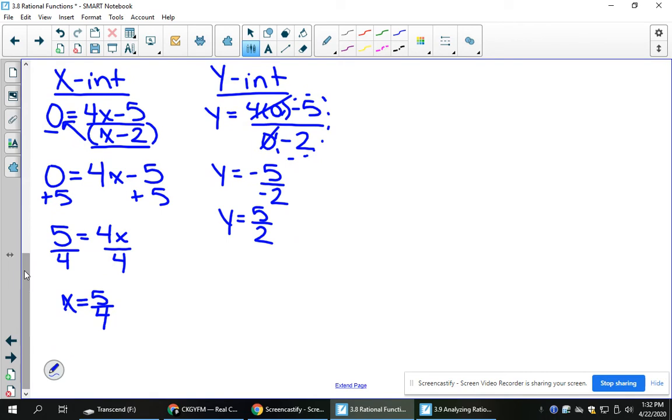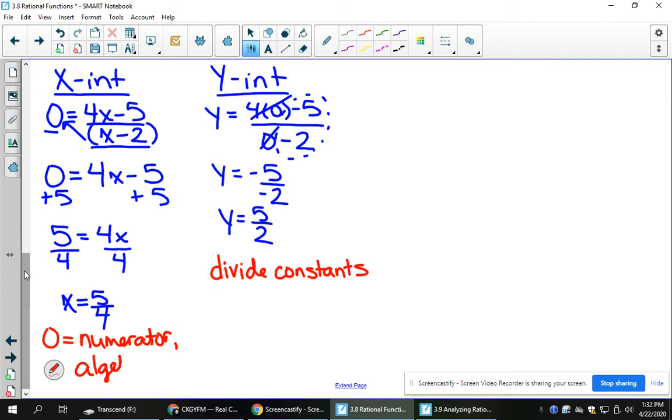Let's write down what these shortcuts were for your notes. We divided the constants to get a y-intercept, and we put 0 equal to the numerator, and then we did algebra to find the x-intercept.